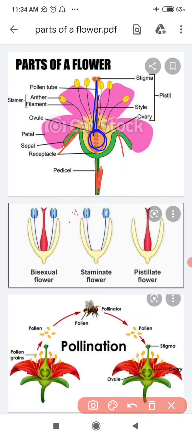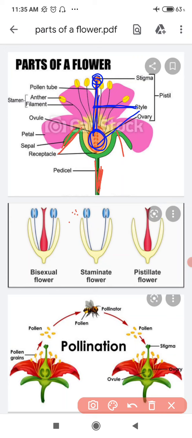And the swollen and sticky tip of the pistil is called stigma. The stigma traps the pollen grains that fall on it.